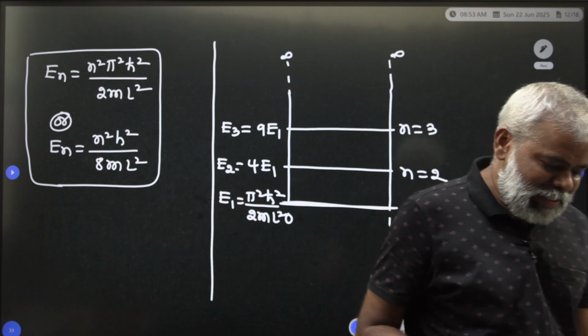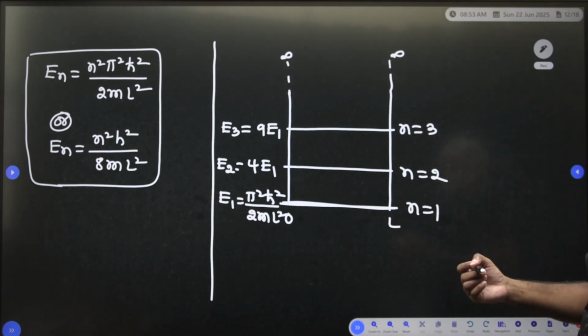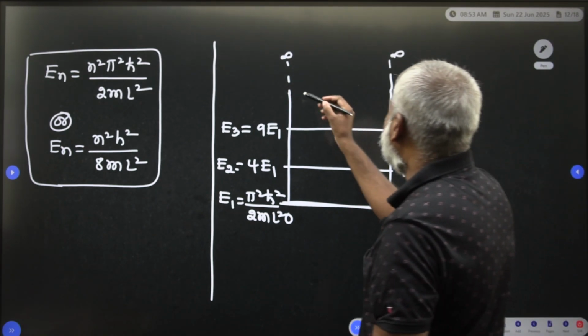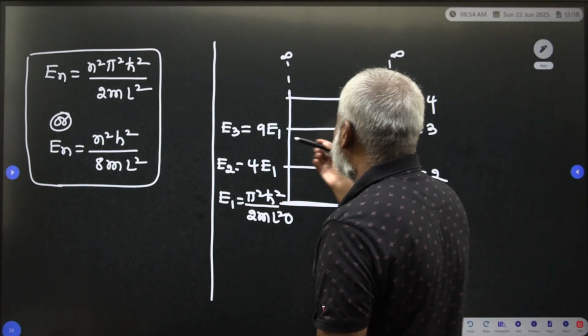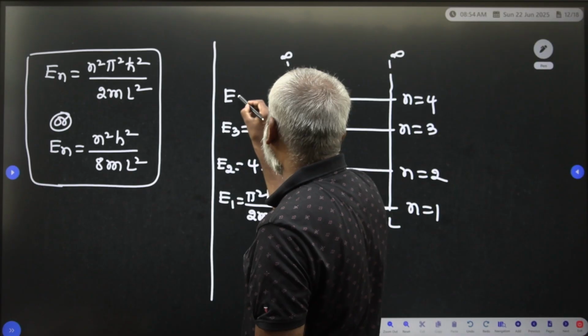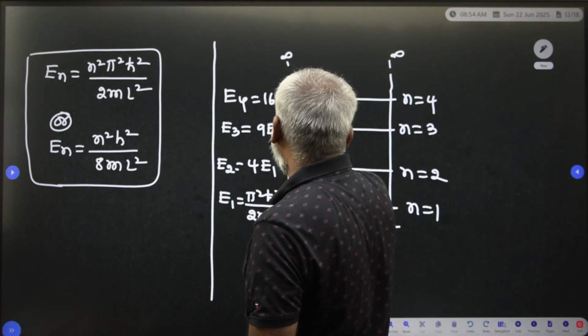So, these are the energy spectrum. For n is equal to 4, E4 is equal to 16 into E1.